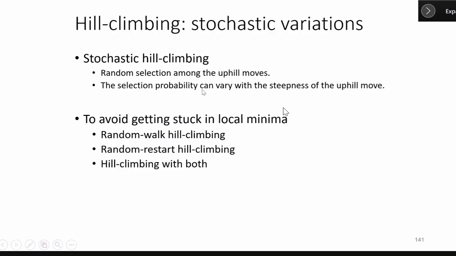The selection probability can vary with the steepness of the uphill move. To avoid getting stuck in a local minimum, we have three types: random walk hill climbing, random restart hill climbing, and both.